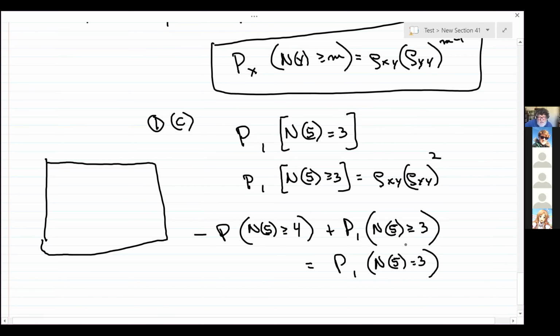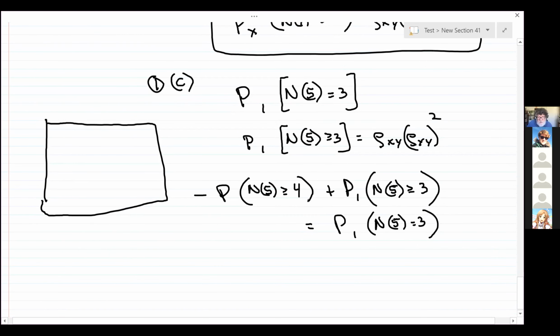Okay. And both of these we now know how to do. So I'm going to do this again in class next time, so don't get too worried about it. But to finish it off, this one we just said already from class that if you're going to visit 5 3 or more times, you have to get there once.